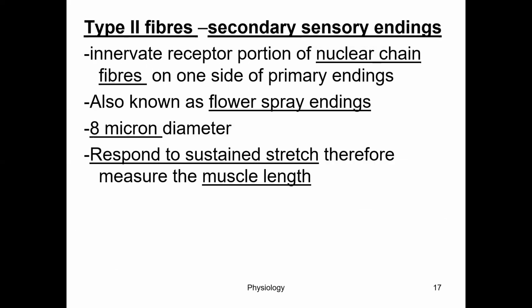So type 2 fibers, secondary sensory endings, innervate the receptor portion of the nuclear chain fiber on one side of the primary ending, also known as flower spray ending. And it gives response to sustained stretch, which measures the muscle length. That is called secondary sensory ending.